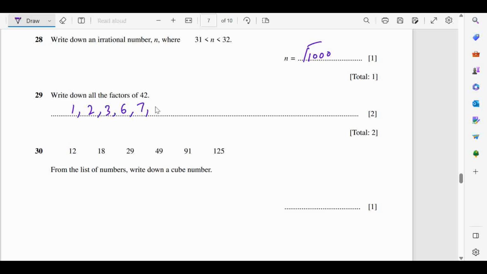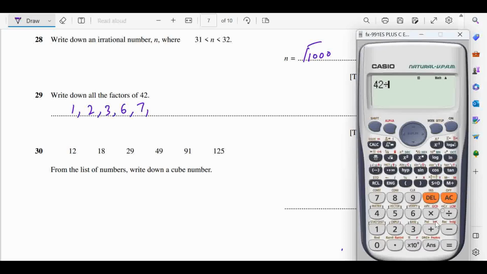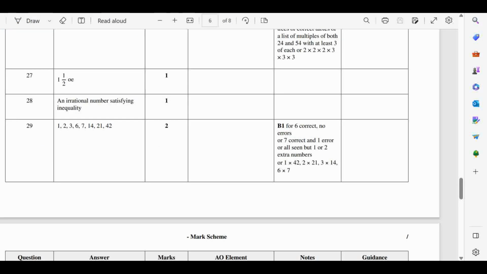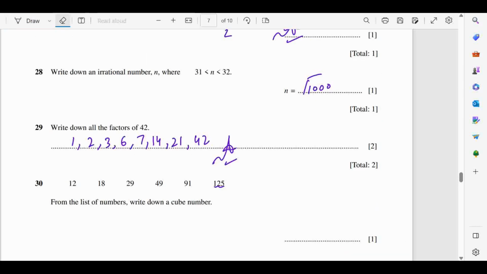So we can do 42 divided by 3. This will be 14. Yes, 14 is a factor. And then after 42, this will be 21, and then we will have 42. So this will be the final answer.